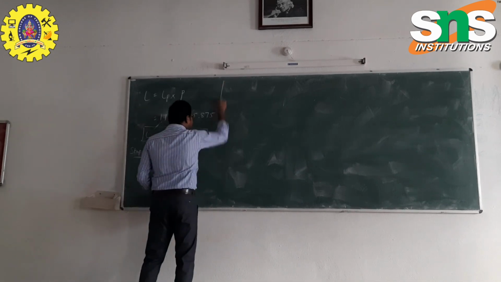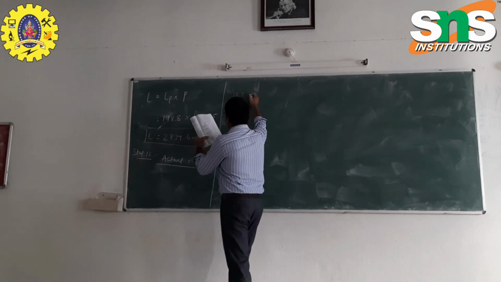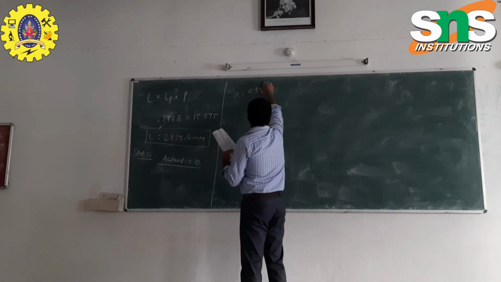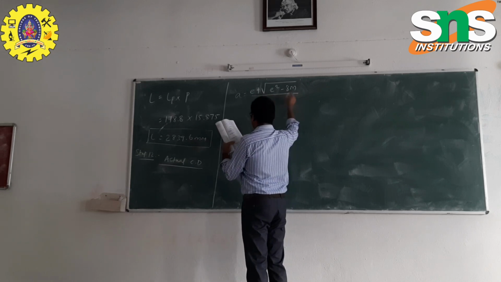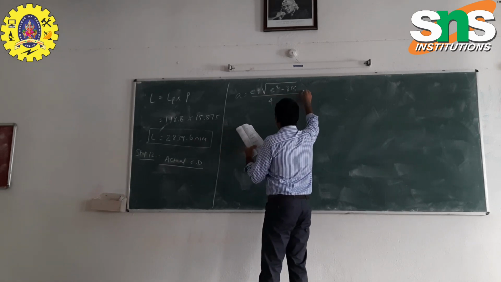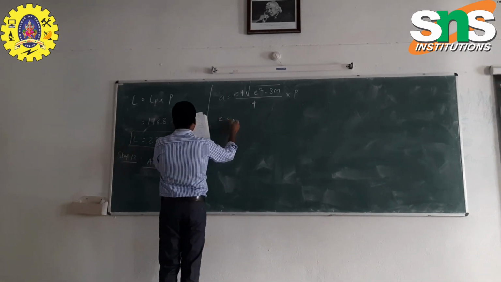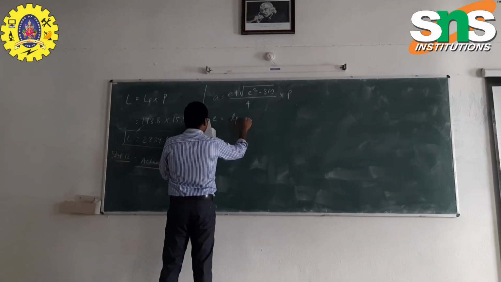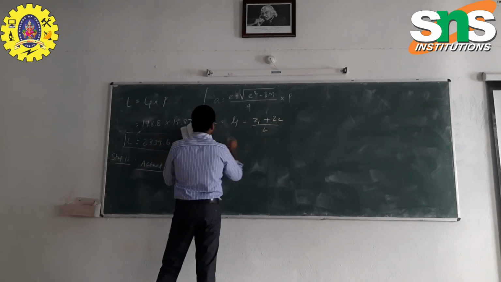So the formula becomes A is equal to E plus root of E squared minus 8m, divided by 4 into pitch. We don't know the E factor. So E is equal to LP minus Z1 plus Z2 divided by 2.